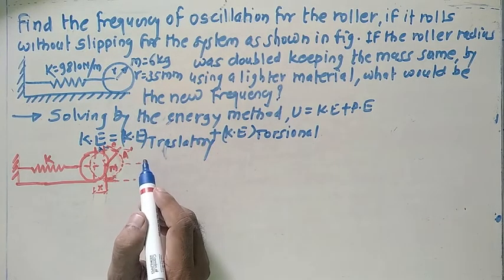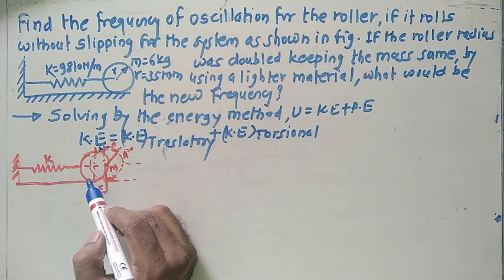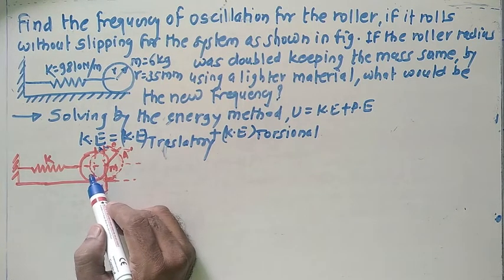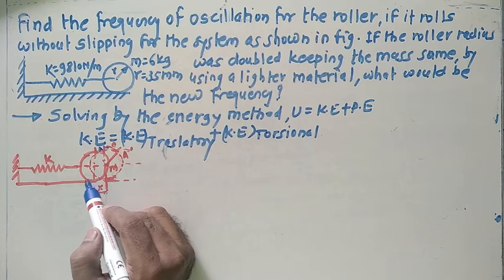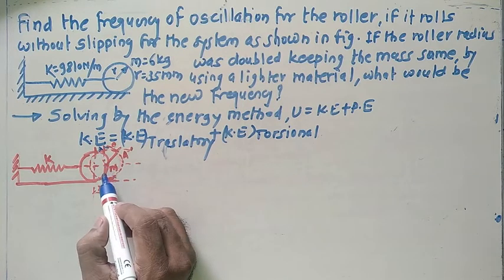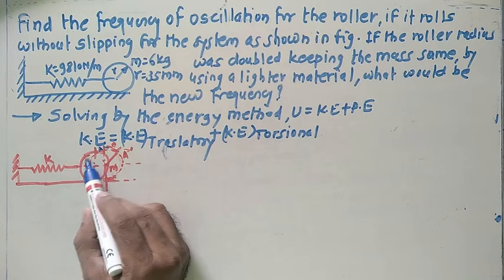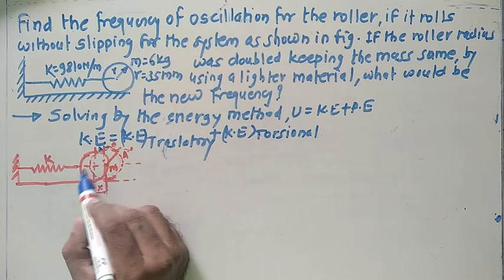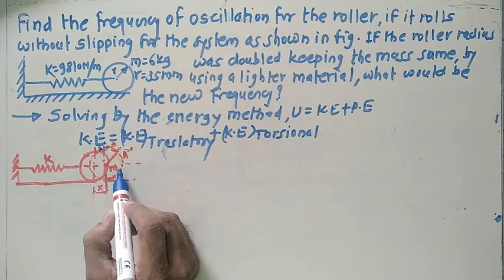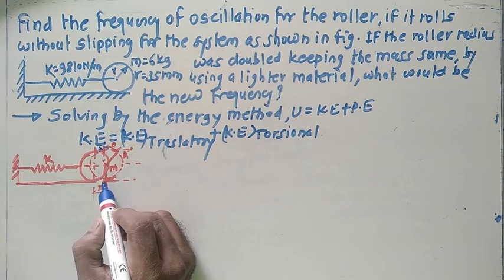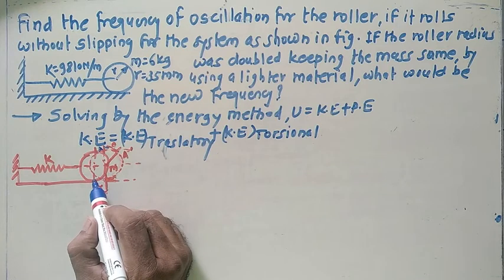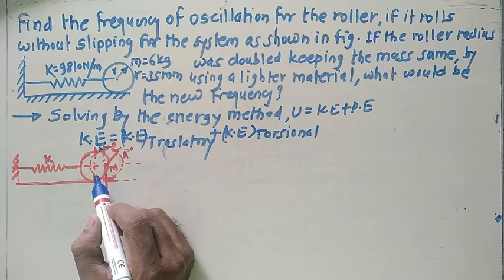To solve this problem, you can easily get the solution by using the energy method, because it consists of a mass as well as a spring, and this mass possesses two different motions. One is its linear or translatory motion on the flat surface, and the second is its rotational or torsional motion about its own axis.